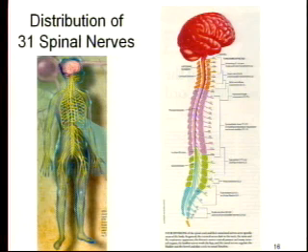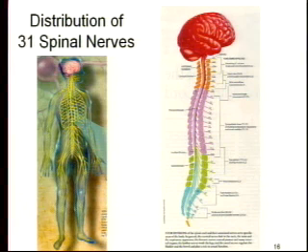Up here in the cervical division of the spinal cord, we have a bunch of spinal nerves that run to the arms and the hands. Then in the thoracic division, we've got a bunch of spinal nerves that run to the torso and the body cavity. In the lumbar and sacral division, we have a bunch of spinal nerves that run to the legs and the feet and the lower parts of the body and all that. You can see that here.